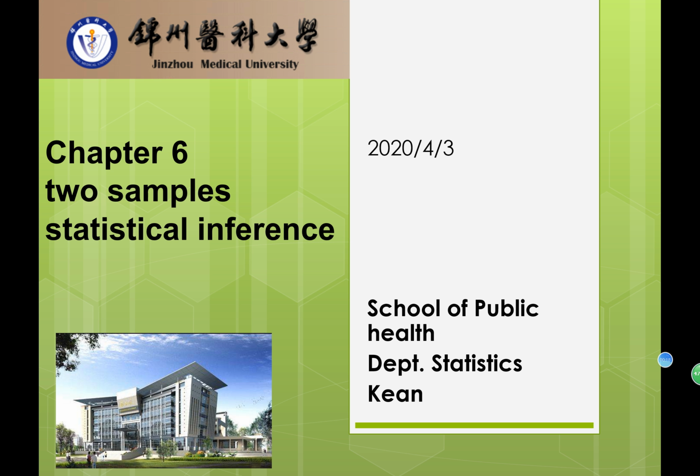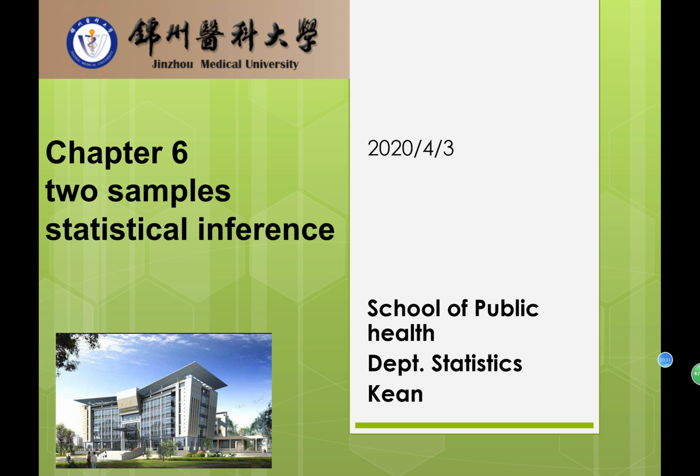Today we will learn Chapter 6. The title for Chapter 6 is Two Samples Statistical Inference. We will still talk about statistical inference.